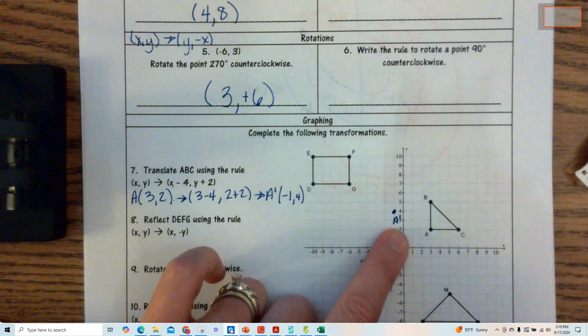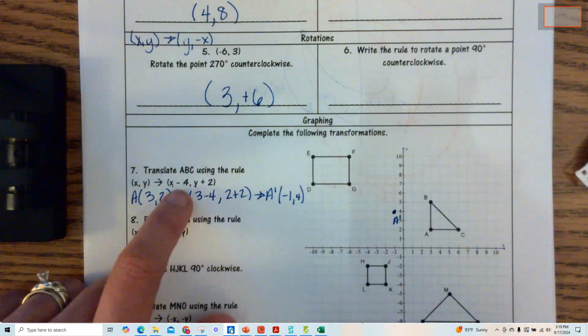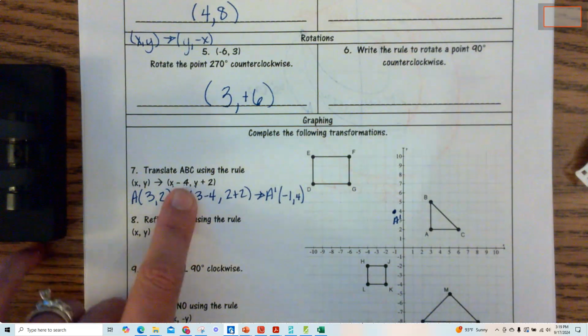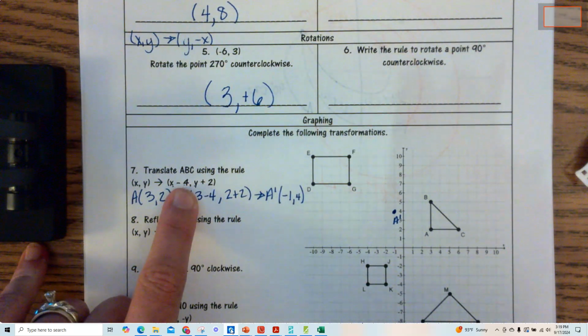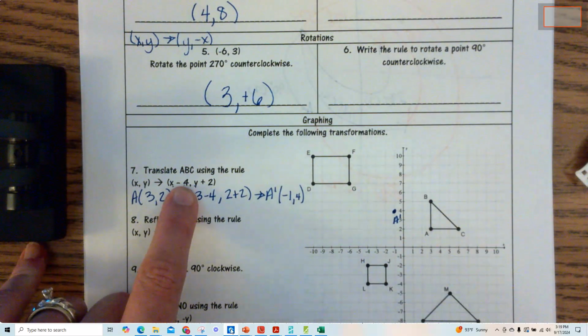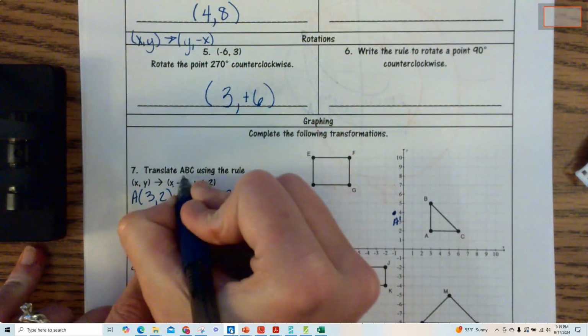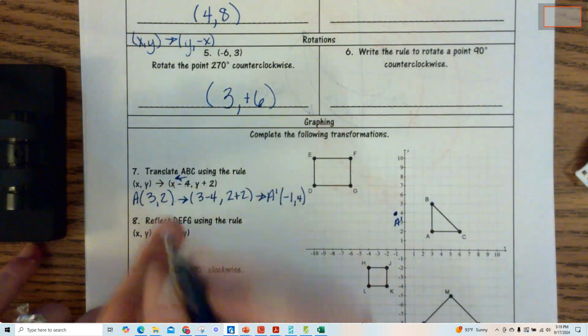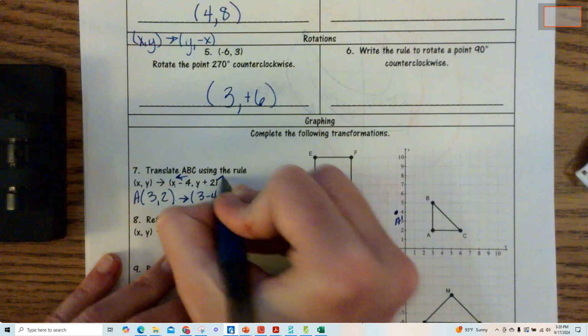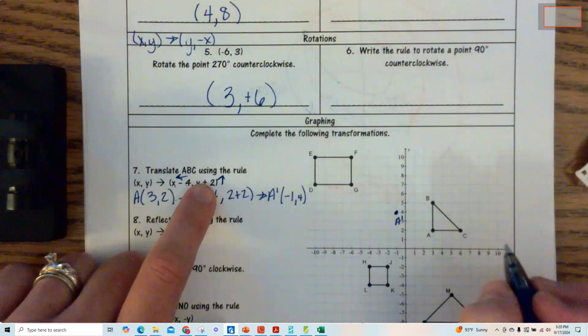All right. If you know the rules, though, you can count it out. So if I subtract 4 from X, what direction am I moving? Here's the X. If I'm going to subtract from it, what direction? Left. If I'm adding 2 to Y, what direction am I moving? So I could just count it out. I'm going left 4, up 2.